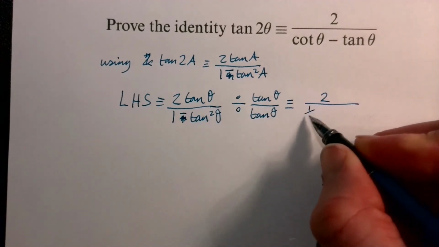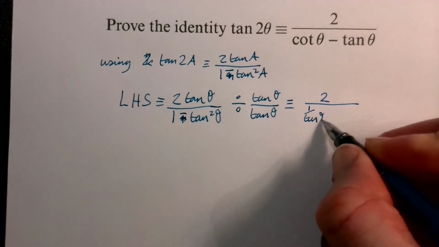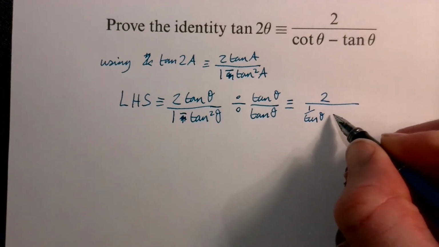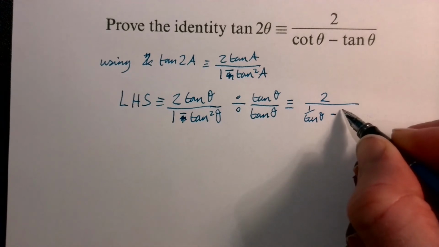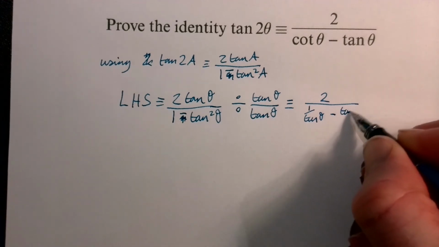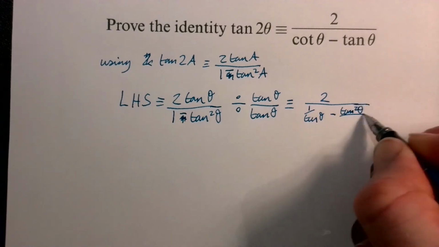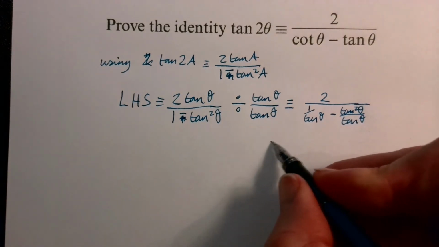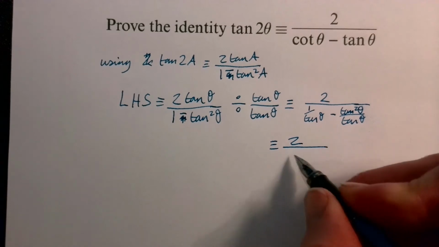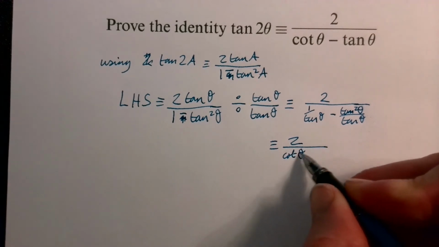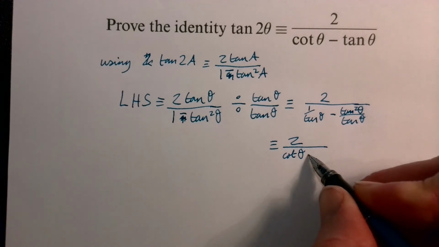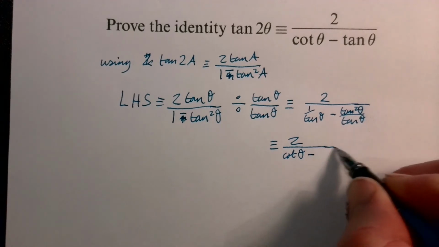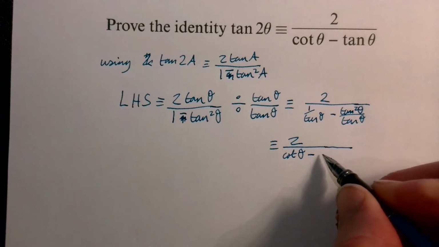And then I've got 1 over tan theta minus tan squared theta over tan theta, and that is identical to 2 over, that's what we call cot theta, minus anything squared divided by the root of it.